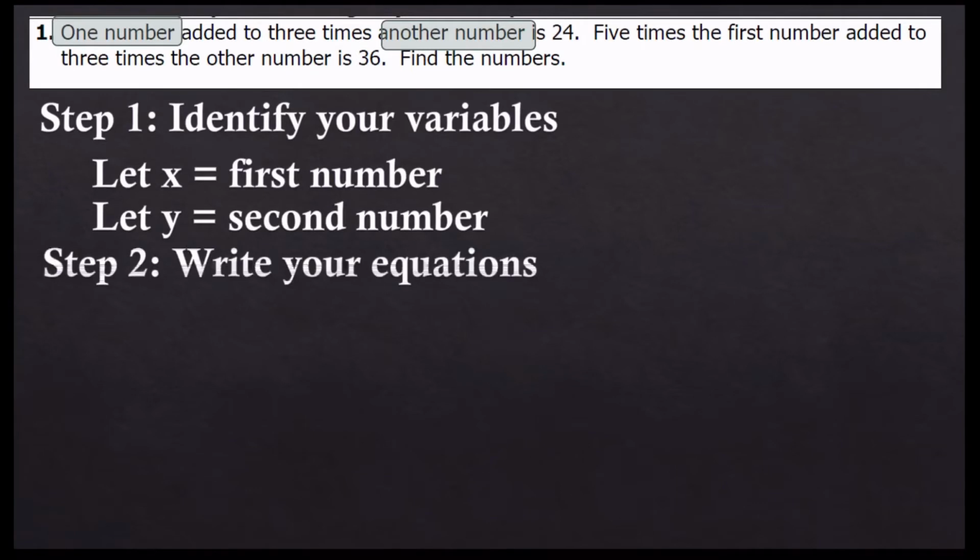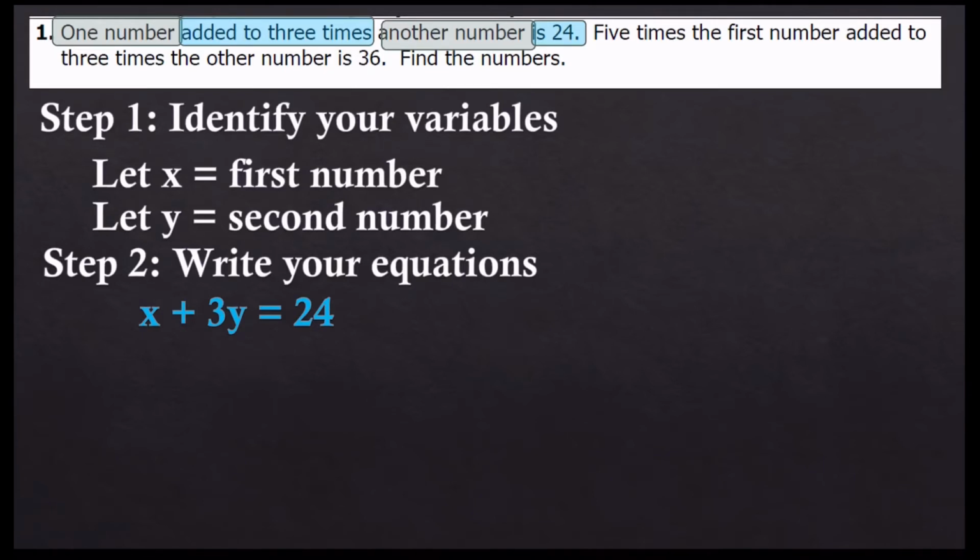Your second step is to write your equations. Now you're going to have to go back into the problem and pull out some facts. It says one number added to 3 times the other is 24. You might need to write in the word is means equals. But it says one number, so that's our first number, added to, so x plus 3 times the other is 24.